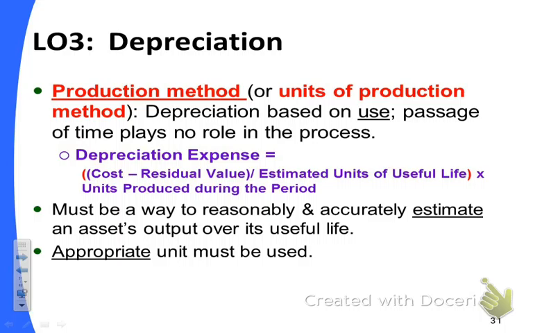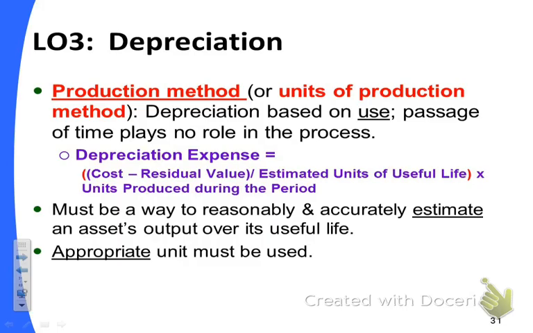Yeah, it's a lot. So like a copier down in our copy room, they estimate the useful life of those copiers in terms of how many copies it's going to make. So that's how they depreciate the copier. They estimate it based on how many things it can copy over its useful life.